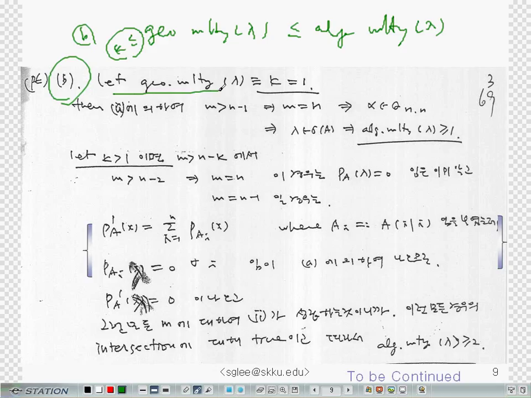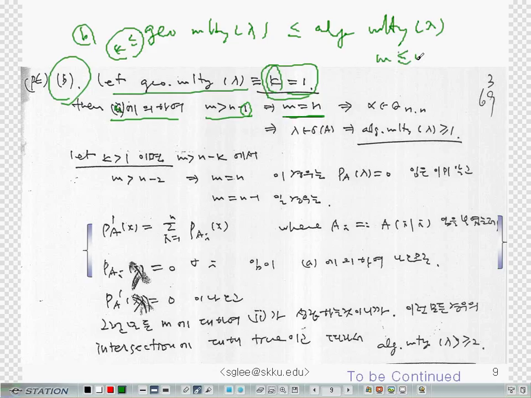Let's start. Suppose the geometric multiplicity of lambda, which was k, is equal to 1. What happens? From the first part, m is greater than or equal to n minus k, which is n minus 1 now. Then we know m is equal to n.